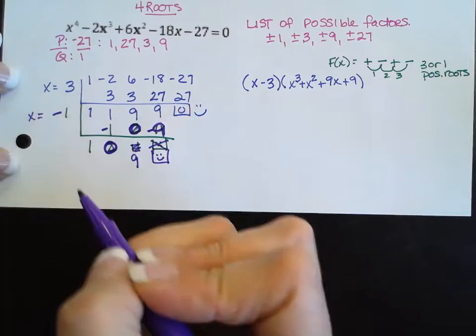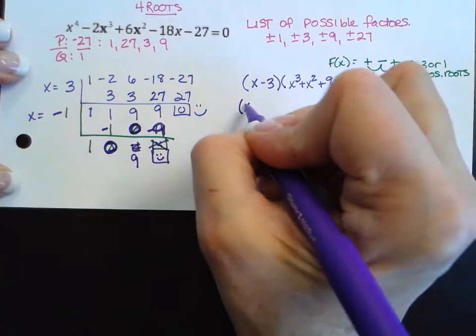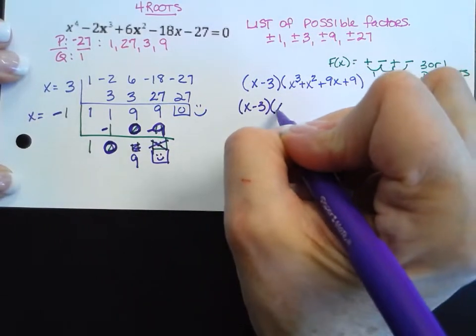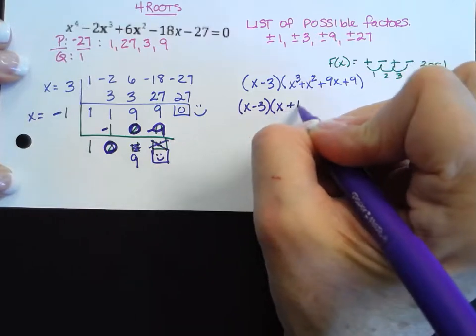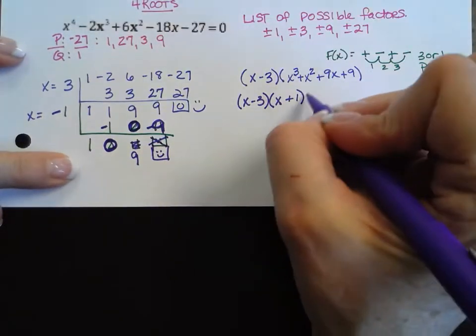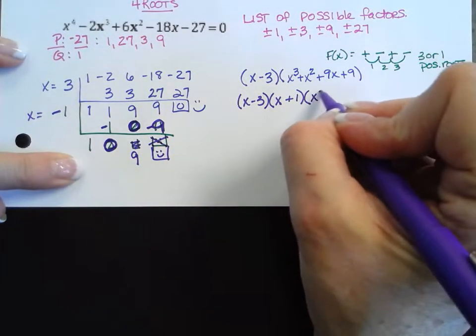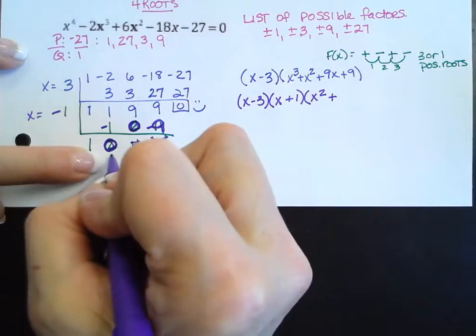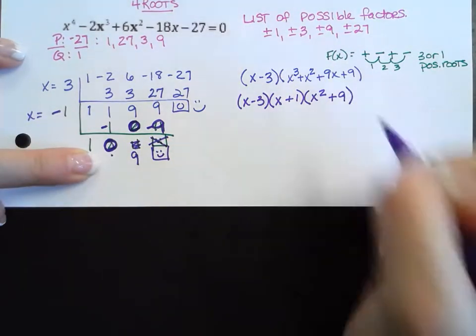So if x is equal to -1, that means I now have x plus 1. And what am I left with? I have x squared, no x's, plus 9.